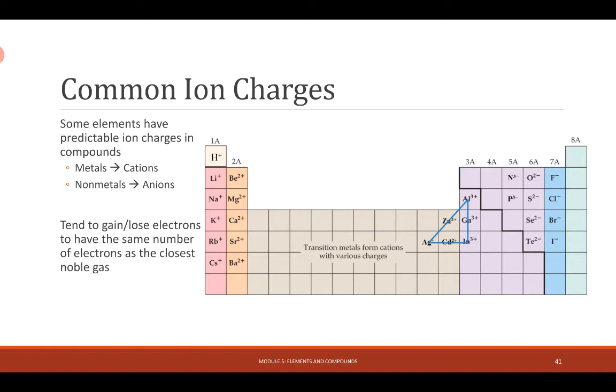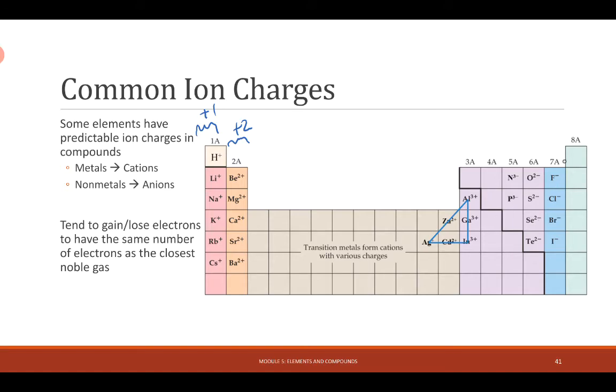And so some elements have predictable ion charges for when they form ionic compounds. Everything in group 1 would like to be +1. So everything here likes to be +1. Everything in group 2 likes to be +2. And so you can see the pattern with the group numbers here.